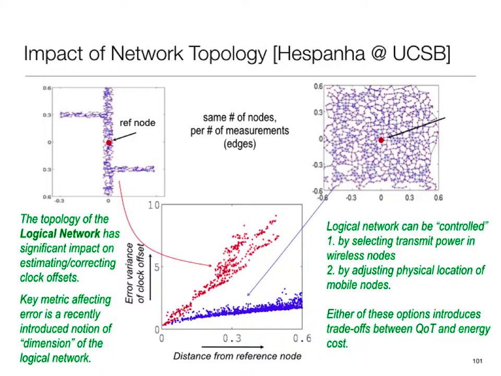So one of the things, again, this offers as another trade-off opportunity, because in radios you can always communicate farther by transmitting with a higher power. So if you have a wireless network, what you can do is, if you really do need to synchronize better, then you send out your synchronization messages with a higher power so that you're covering more nodes in a single hop.